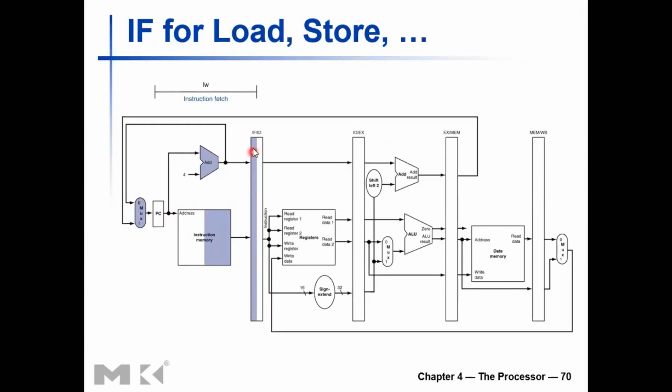But still, to indicate that this piece of hardware is written to at the end of this stage, we shade the left-hand side of it. So shading the left-hand side means this device will be written, whereas shading the right-hand side indicates that this device will be read during this stage, right? Something to keep in mind as we move forward analyzing the CPU.